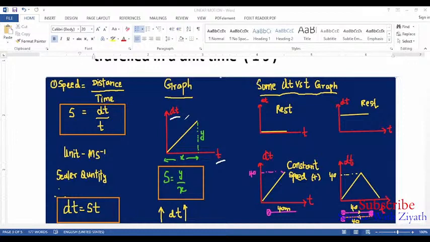Here, if you want to find the speed using distance time graph, you must divide y-axis over x-axis.